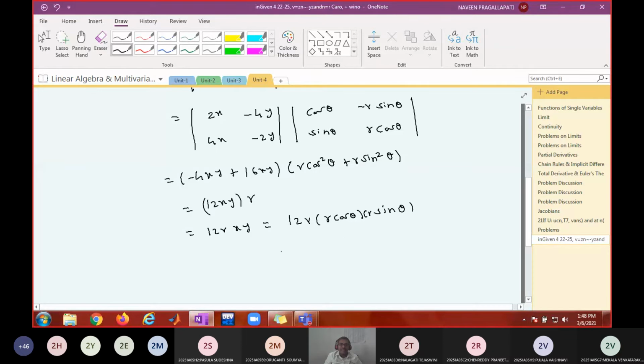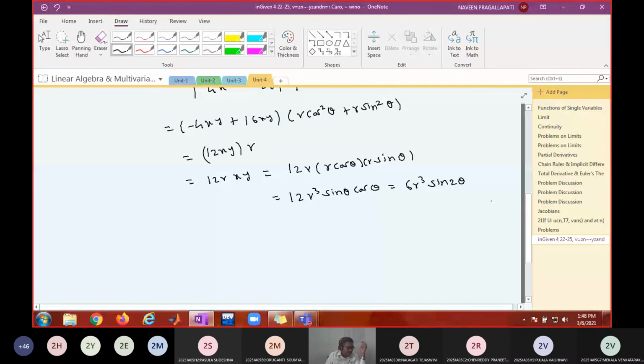So what is the final answer? 12r cube sin theta cos theta. Or I can write it as 6r cube sin 2 theta, since 2 sin theta cos theta is sin 2 theta. Is that fine? Yes, sir.